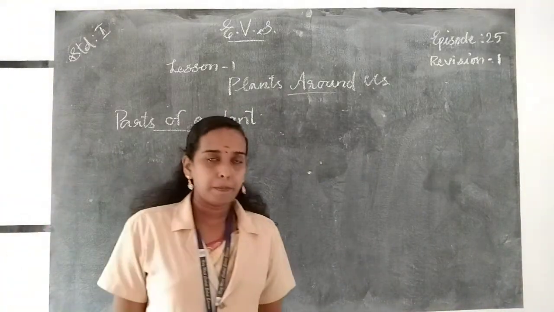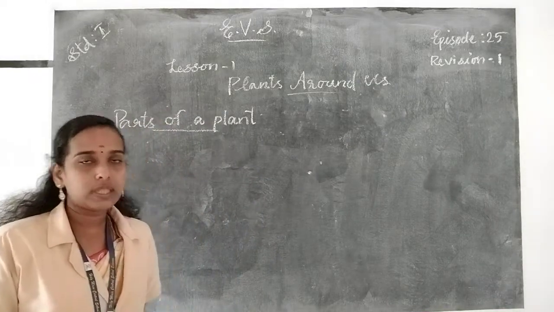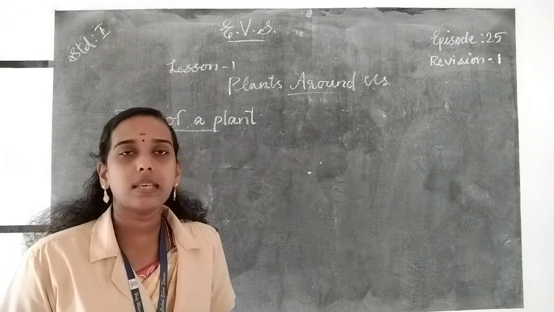Parts of a plant. So which are the main parts of a plant? Roots, stem, leaves, branches, flowers.